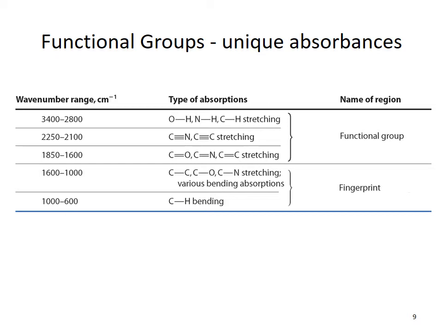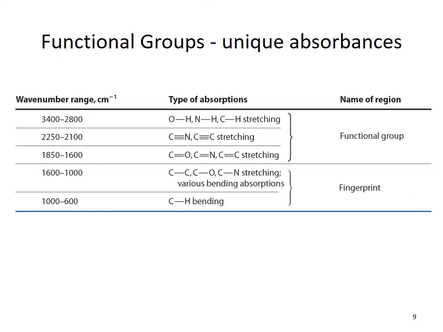Below 1600, what you see is a lot of single bonds, and those single bonds are what we call the fingerprint region, and that's because these are very hard to look at in an individual spectrum and actually assign individual peaks to types of bonds.